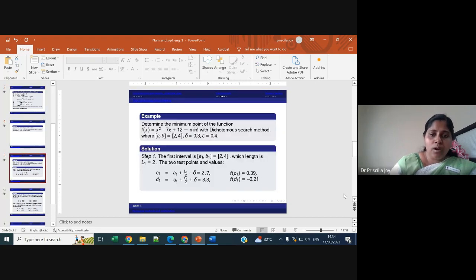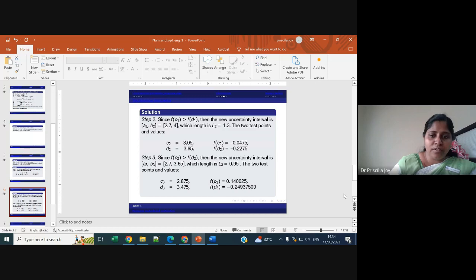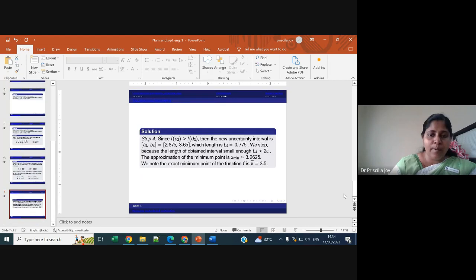Okay, so accordingly we need to provide for each and every case, and at each and every step we need to find whether the value which we have arrived for L2, that is the length, is less than or equal to 2 into epsilon. If it is less, we need to stop there, and we need to provide the x minimum value and the nearest value which we will be getting as our exact point of the function.